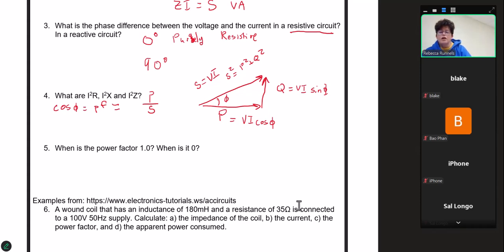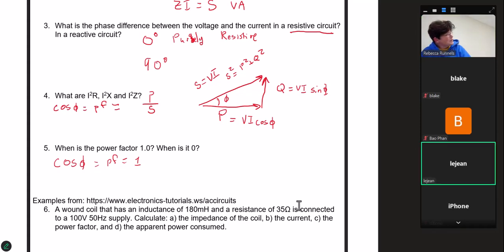So given that, when would the power factor be 1 and when would it be 0? If the cosine of phi is the power factor, and if that equals 1, when do we have cosine equal to 1? At 0. Thank you.